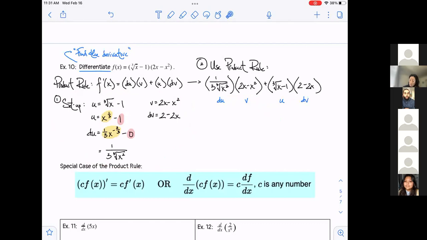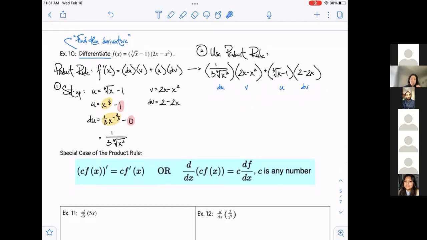So focus more on this setup. Make sure you know the reasoning for everything and then plug it in. And beyond that, if there are very obvious terms, you can combine them, but otherwise you can sort of leave it.